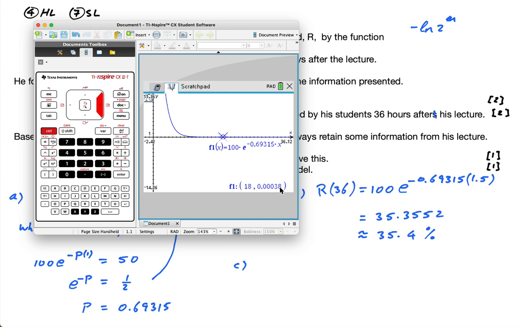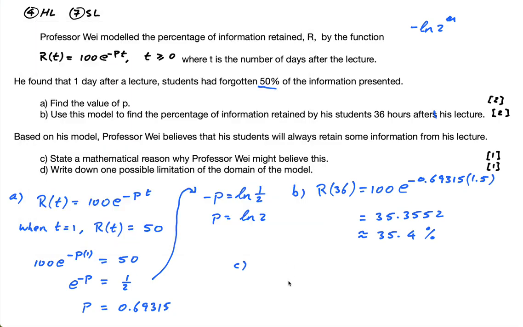Now on my calculator, it probably will get to 0 just because it'll round it. But in theory, it'll never reach 0. It'll just get smaller and smaller. The calculator has decided to round it, but really it'll never reach 0 because it's an asymptote. So I'm going to write here: asymptote at y equals 0.